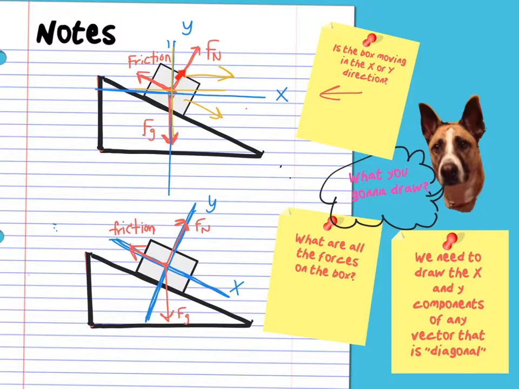Here, the normal force is in both directions, and the frictional force is in both directions. So actually, if we kept the axes this way, we could do it, but it just makes the problem more complicated, and you would end up having to do more work. So this way, we only end up breaking the force of gravity into components, and we can leave the normal force and the frictional force alone.